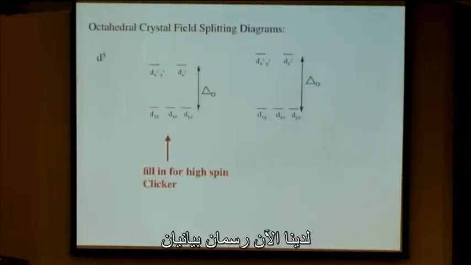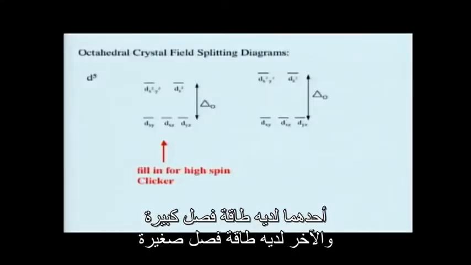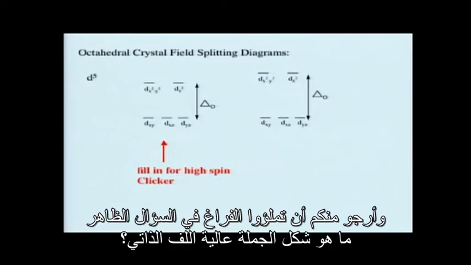So now we have 2 diagrams here. One has a big splitting, one has a small splitting. Why don't you fill in for me in a clicker question what the high spin system would look like?